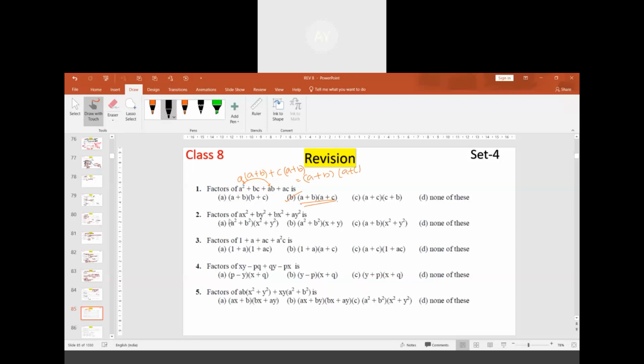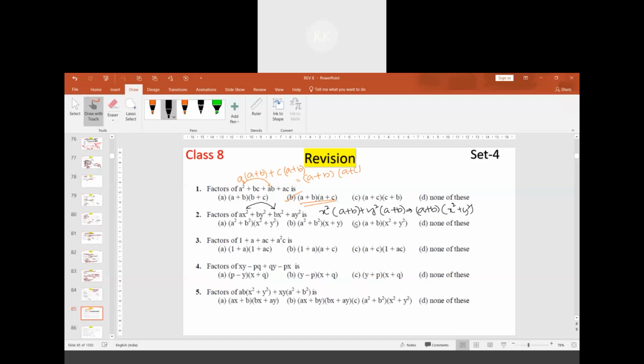Question 2. Factors of... Best thing is to club x square together, then y square together. x square we can take common: a plus b, plus y square common: a plus b. So it is like a plus b multiplied to x square plus y square.